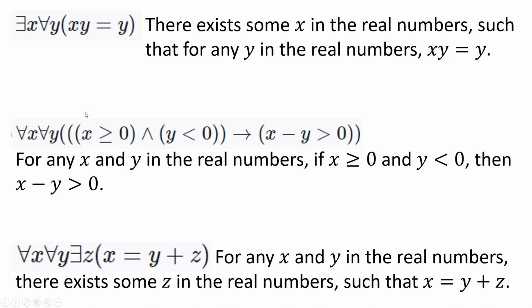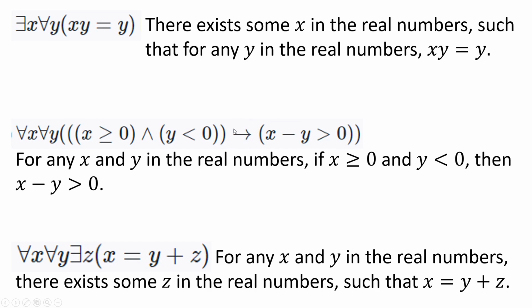Anyway, the next one is for any x and y in the real numbers, right? We have the for all here. For all, for any, it's the same thing. You can sort of use them interchangeably. And then here, all these brackets may be confusing.